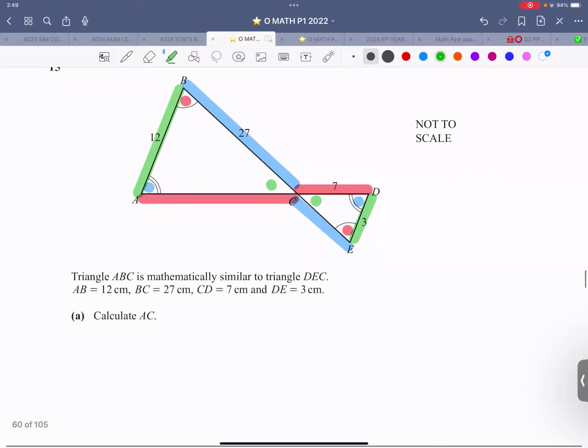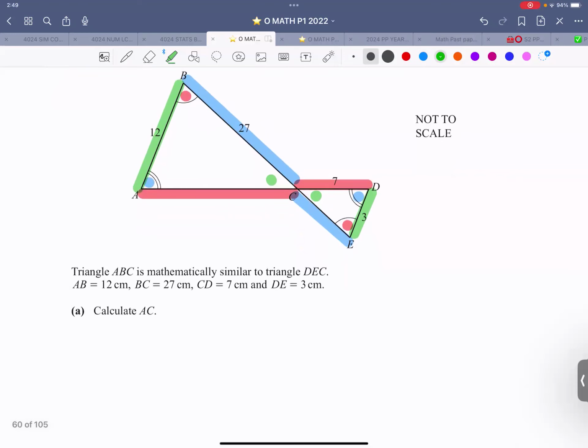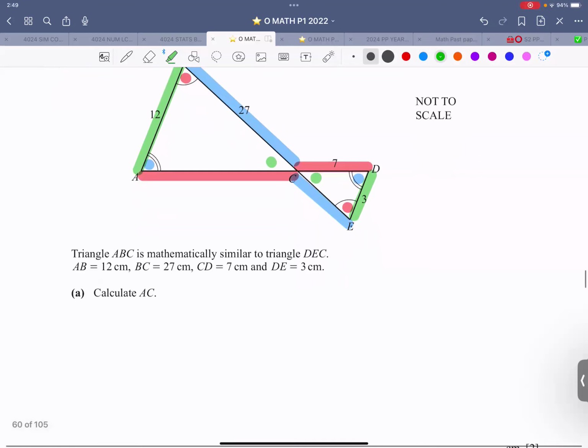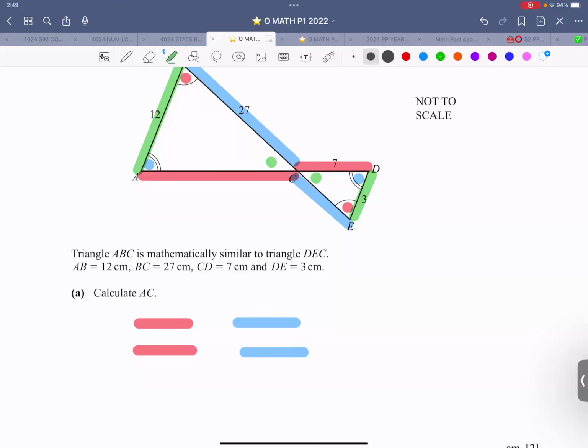Let me write the whole relationship. AC, big to small, then the blue color, big to small, then the green color, big to small.